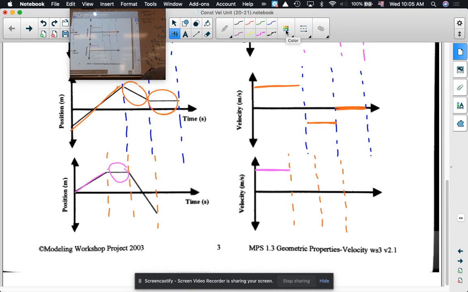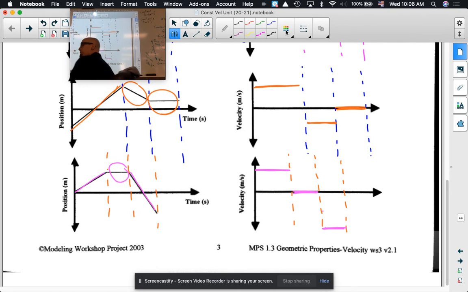And what kind of slope is this? A zero slope. What kind of slope is this? That is a very steep negative slope. That means fast, faster than the first part, and negative. That means it's not just down here, it's way down here.